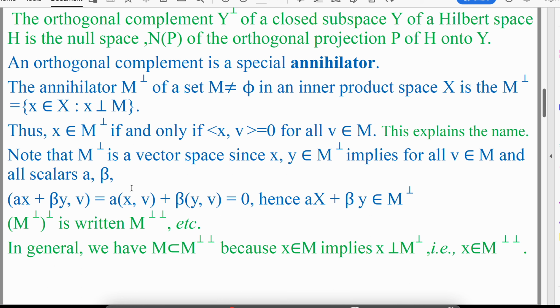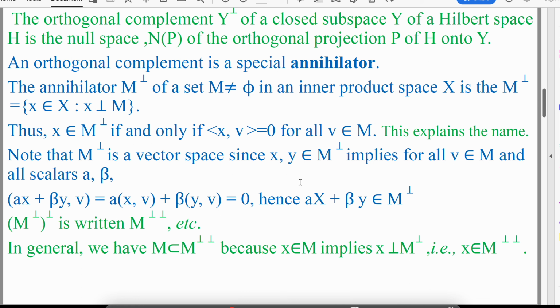It means this is 0. It is given to us. Also, the inner product of y with v is also 0 because y belongs to the orthogonal complement and v belongs to M. Hence the inner product of alpha x plus beta y with v is equal to 0.